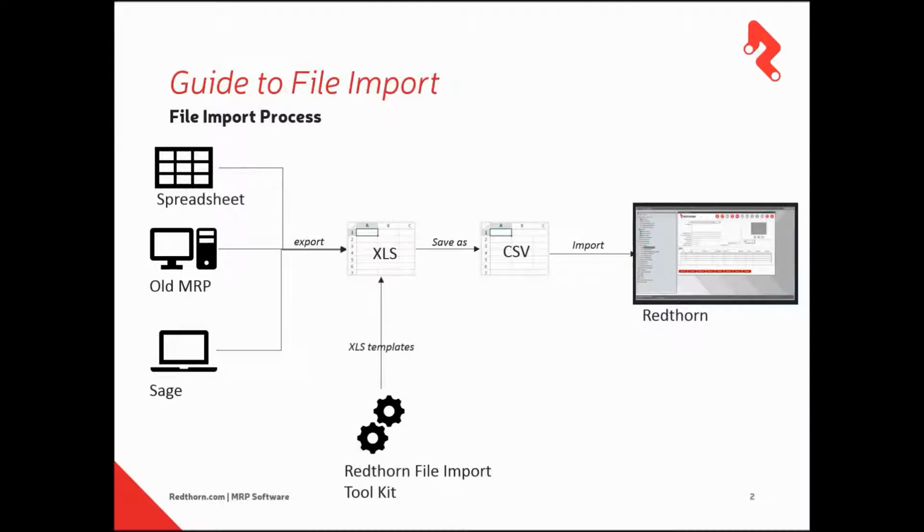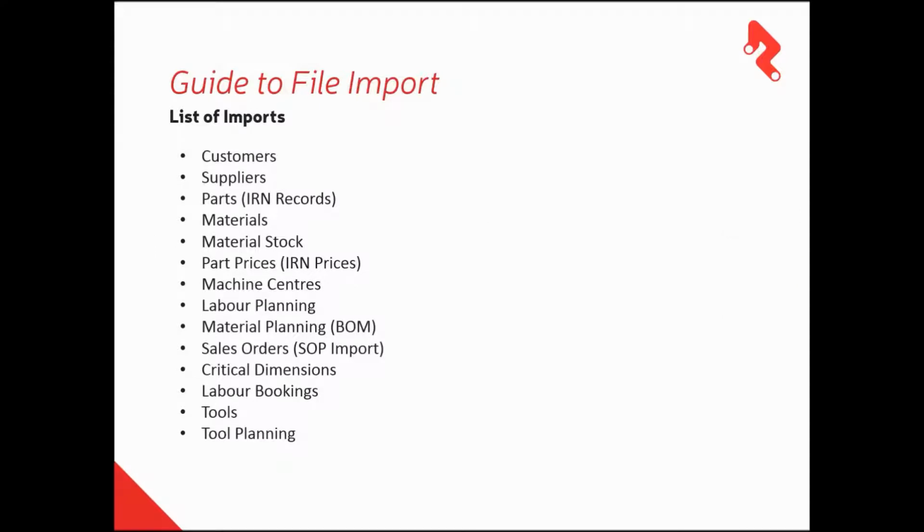So now I'm going to run through what you can actually import. You can import customers, suppliers, and that's names and addresses, parts, so that's manufactured parts and sold out parts and sub-assembly parts, materials, bought in materials, material stock values, which can be done also during ongoing running of the system to update your material stock, part prices, so sold out prices for manufactured parts, machine centres, so machine centre listing, labour plans or routings as they're known, material plans, bills of materials.